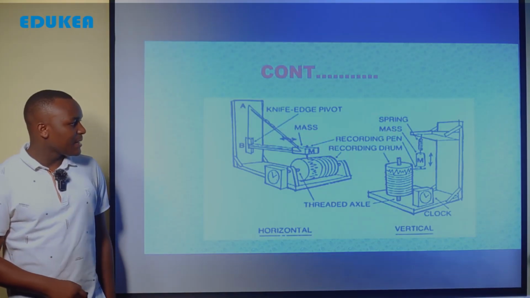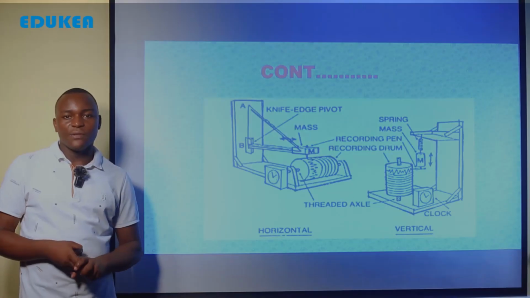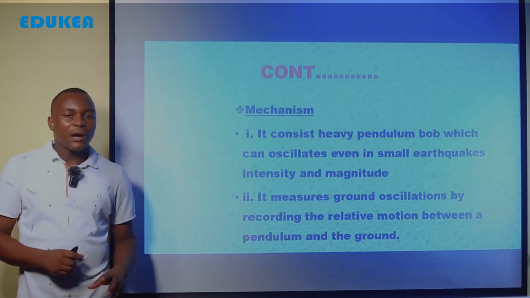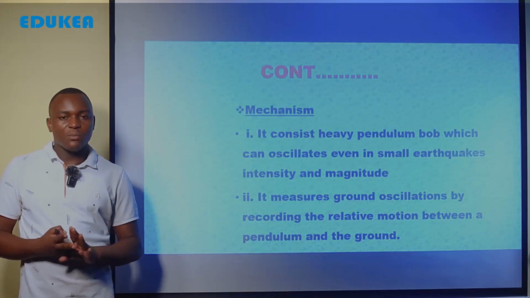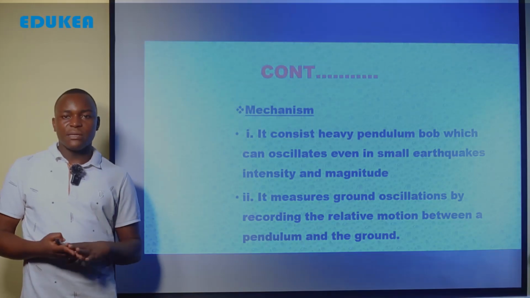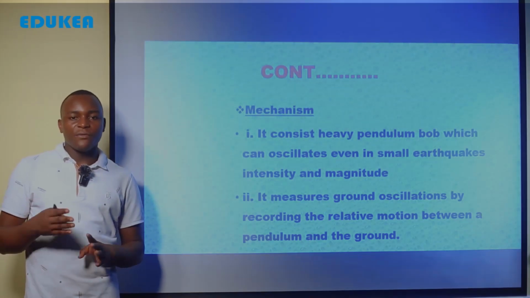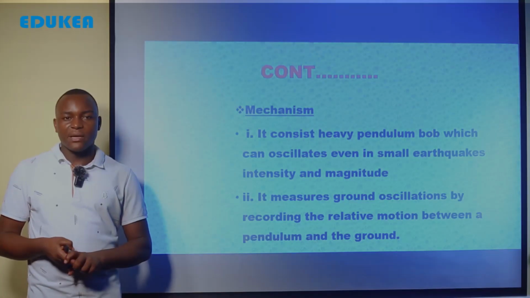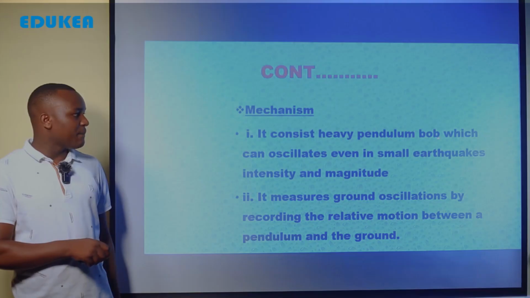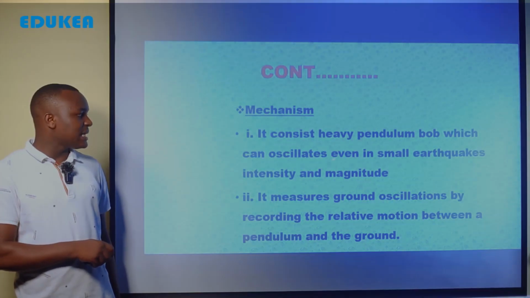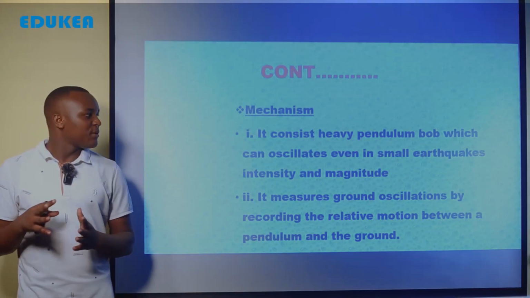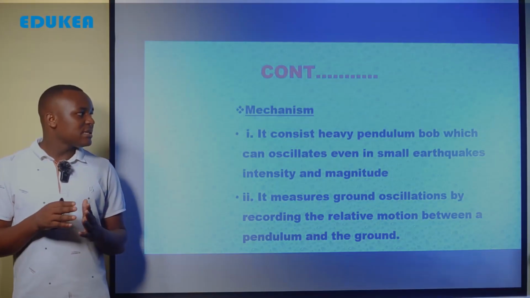So now let's look at the mechanism of how the seismograph does its work. How the seismograph records the movement of the ground which has been caused by the earthquake. We say that it consists of a pendulum bob which can oscillate even in a small earthquake. Kwamba hii seismograph contains a small pendulum bob ambayo inaweza ika-oscillate even if there is a small earthquake intensity and magnitude.